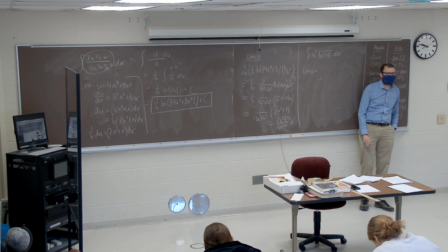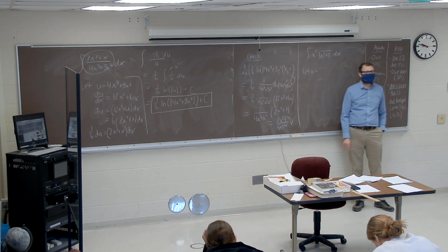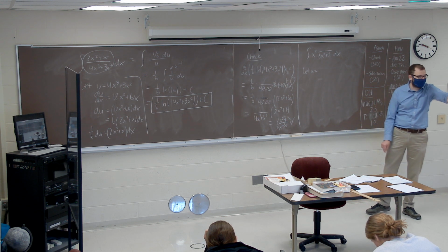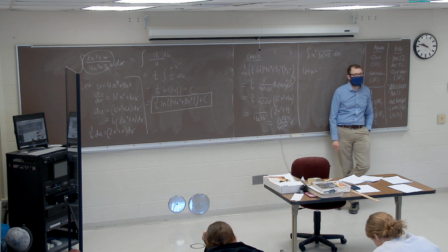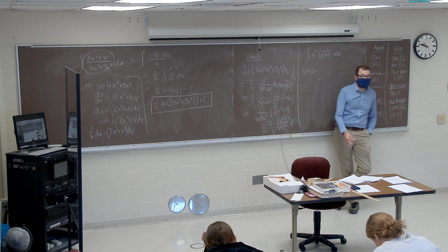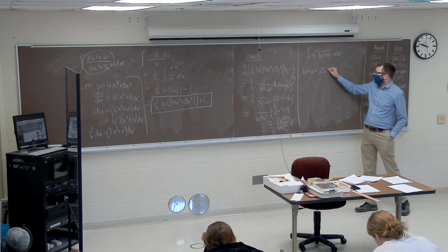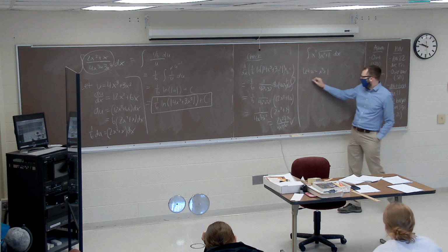Any ideas for what our u could be in this one? Any ideas outside of this front corner here? Yeah? x cubed plus 1. Okay. Let's see if that checks out.